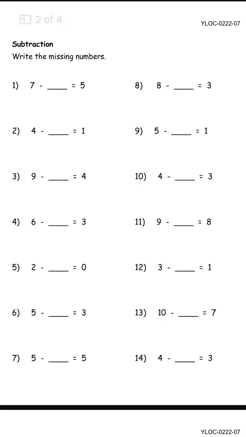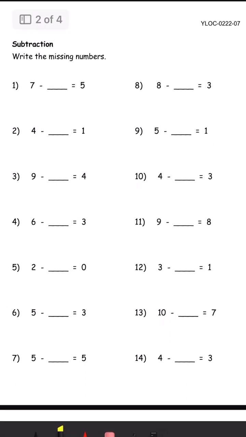And then the next page, we have subtraction. So write the missing numbers. To find the missing numbers, we have to take the biggest number, the greatest number. And we have to take the answer given and subtract it from this one.